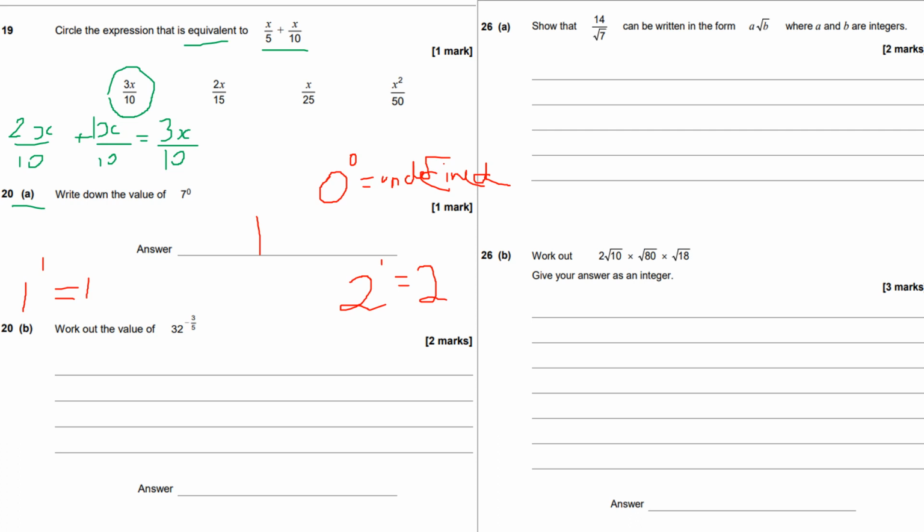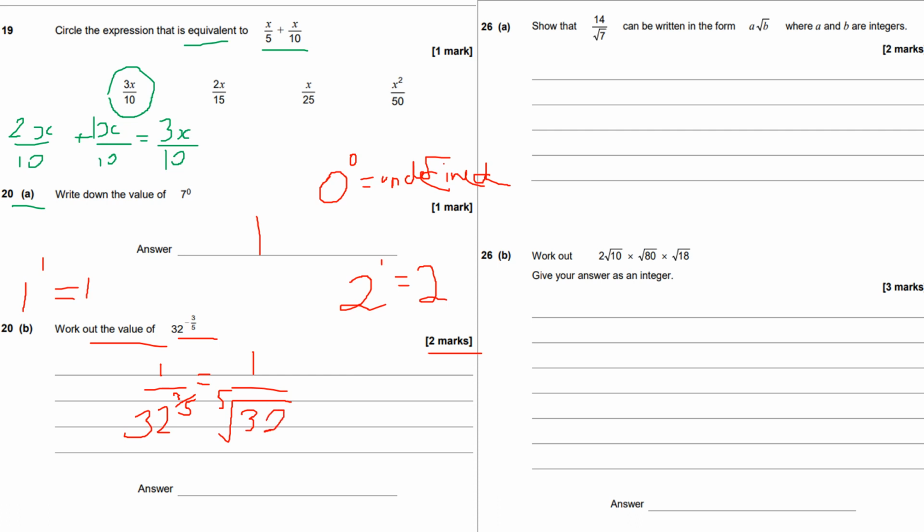For part B, work out the value of 32 to the -3/5. So a bit more challenging. The minus does the reciprocal, so it'd be 1 over 32 to the 3/5. Now I've got a fractional indice. So it's going to be 1 over, now I take the root of my denominator, so it's 1 over the 5th root of 32.